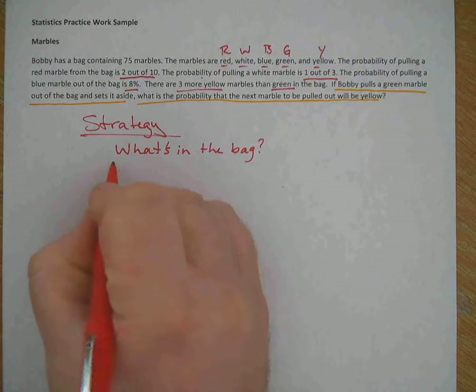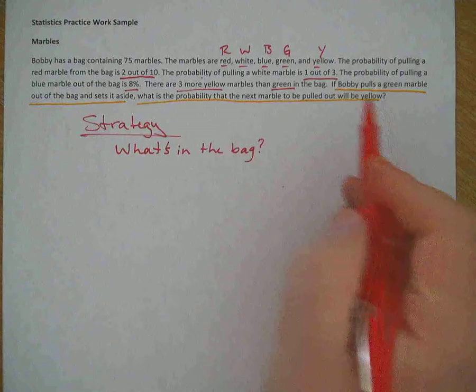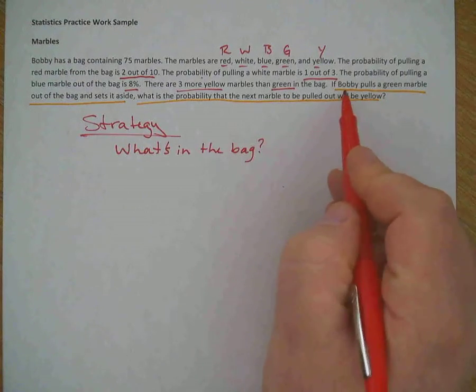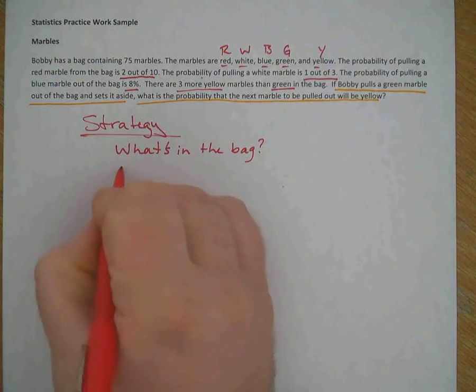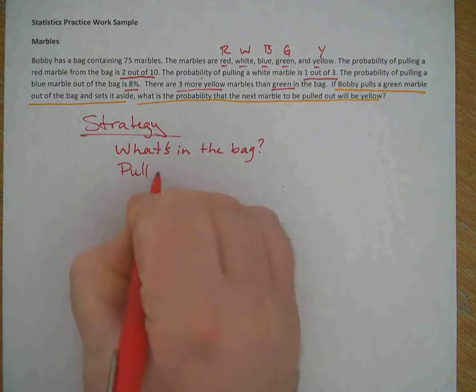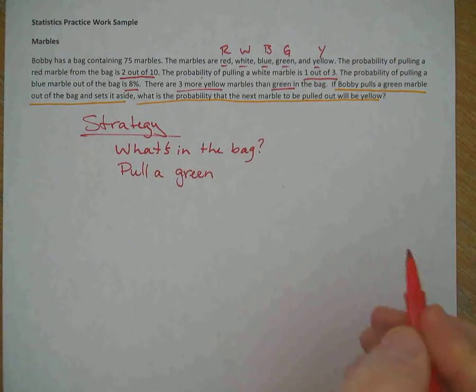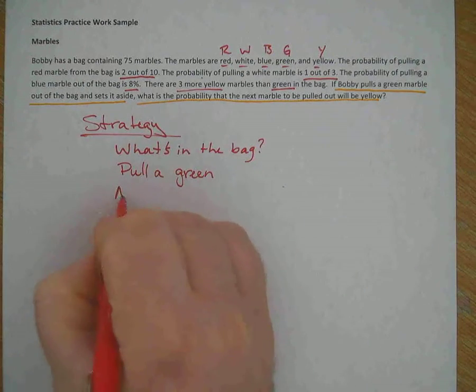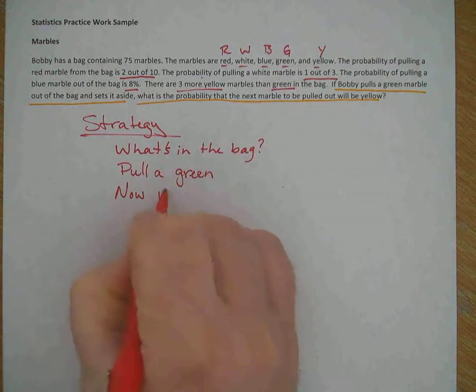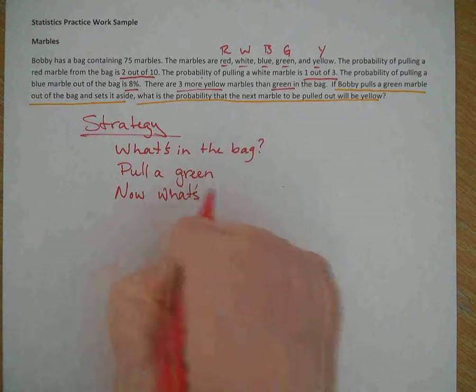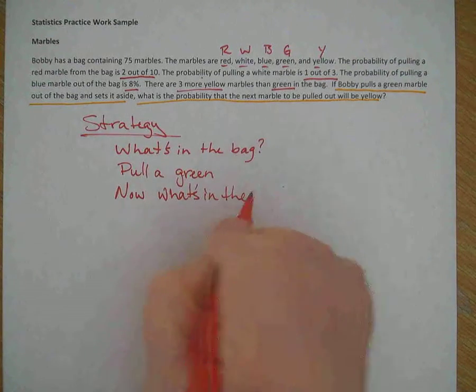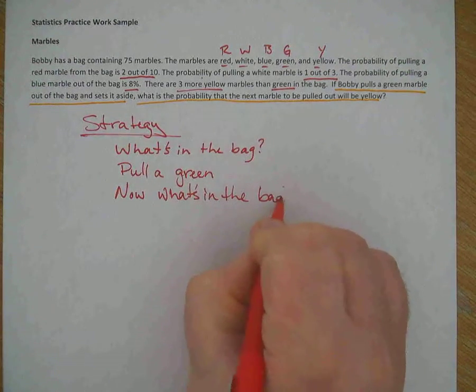Your second step is to go to the problem and say, okay, we're pulling out a green marble. So pull a green. At that point, you could say, now what's in the bag? Because you have a new bag of marbles now.